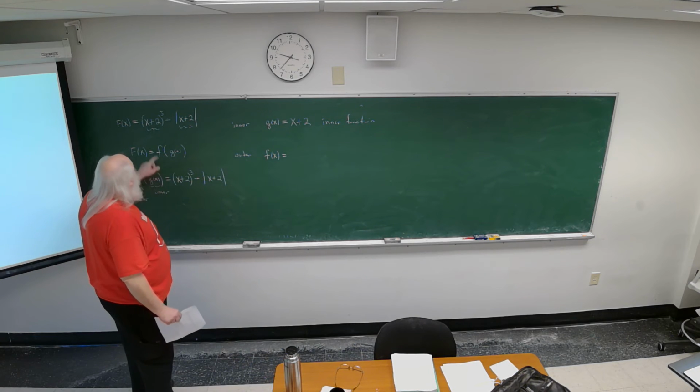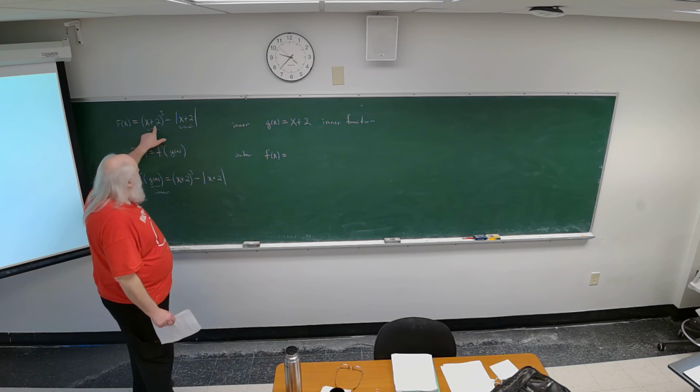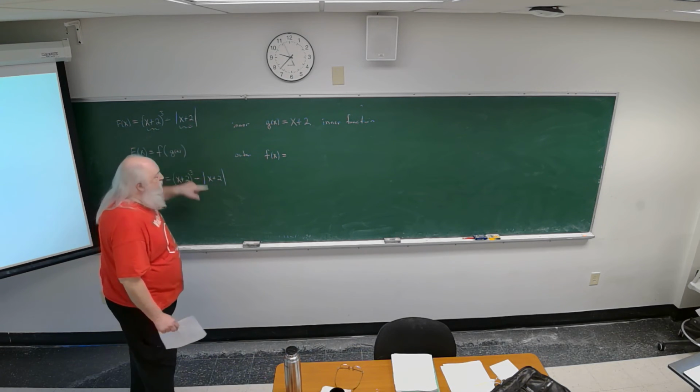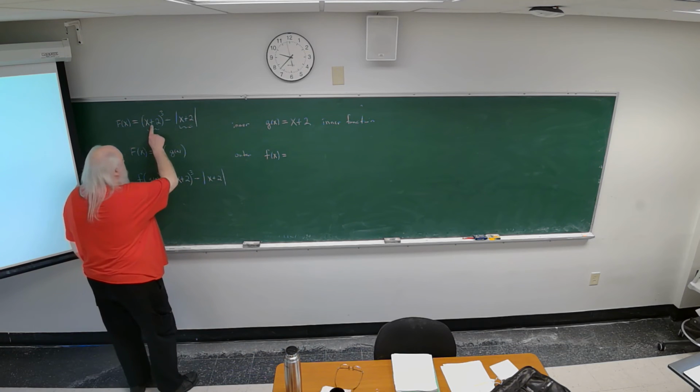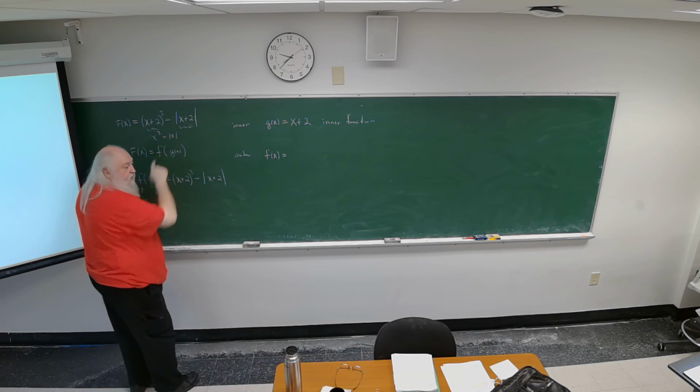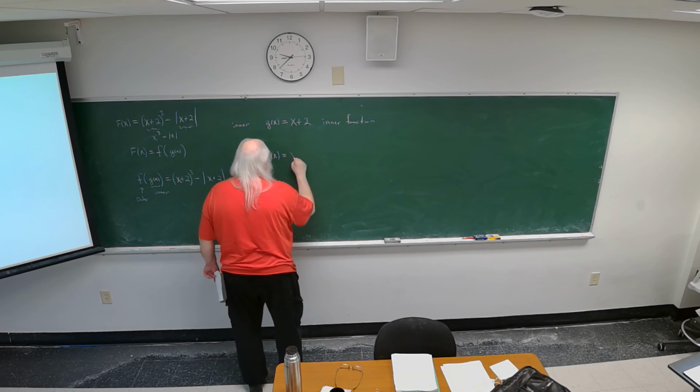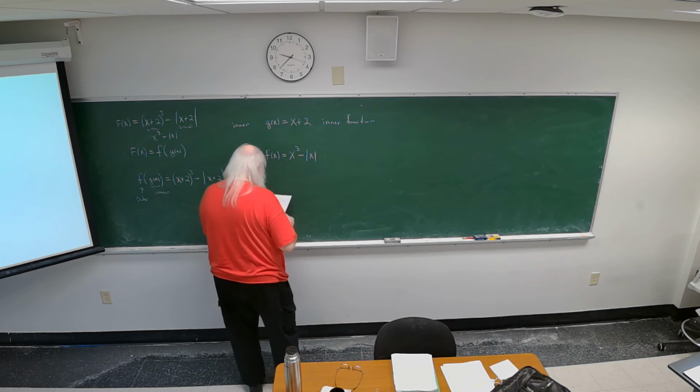Now, to get little f of x, you replace x plus 2 with x in big F of x. So when I replace x plus 2 with x, I have x cubed, x raised to the third power, minus the absolute value of x. That's my outer function, x cubed minus the absolute value of x.